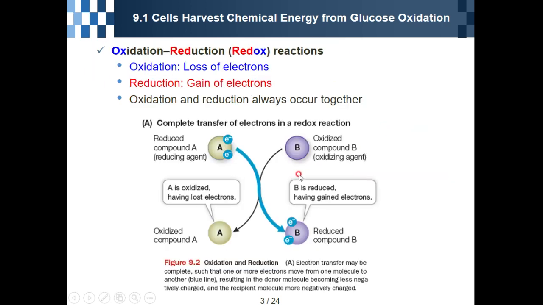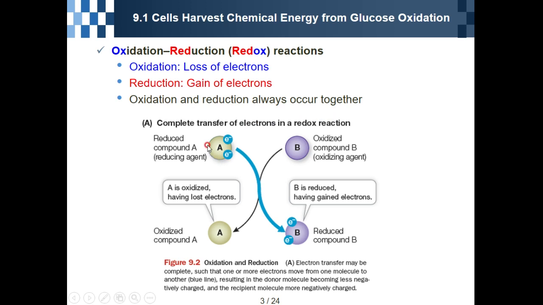In the second slide, we will learn the basic concept, oxidation and reduction reactions. We call them redox reactions. Oxidation means loss of electrons, and reduction means gain of electrons. Usually oxidation and reduction always occur together.